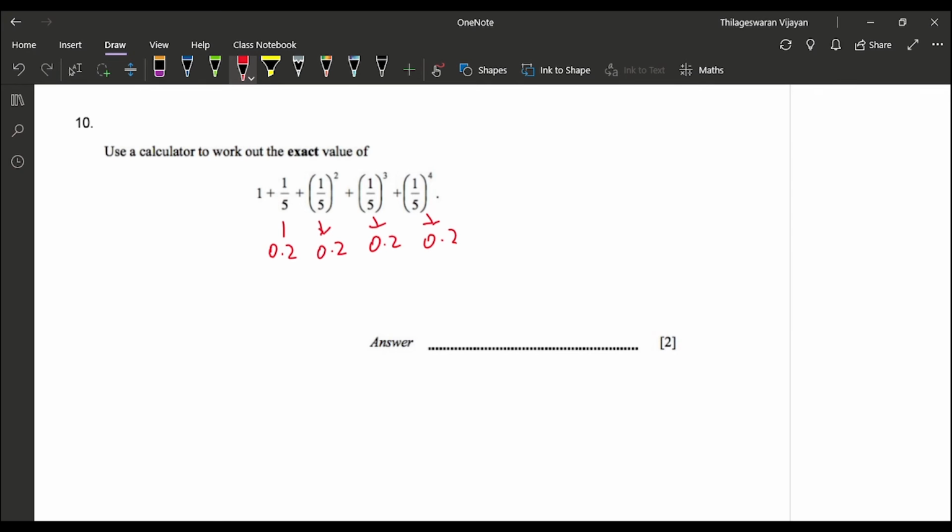You shouldn't have any problem unless you are not so careful. This one doesn't really need that much working, you just need to put the entire thing into the calculator. And remember they said exact value. So when they say exact value, it means whatever number appears on your calculator, write the entire thing. So in my calculator, I'm getting 2496.